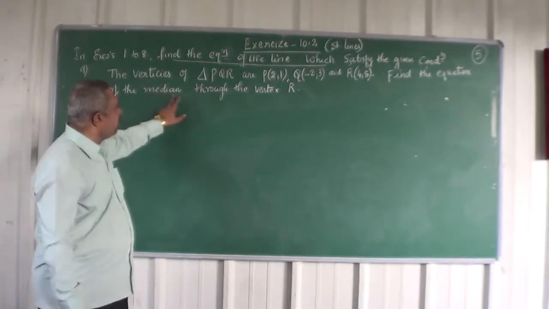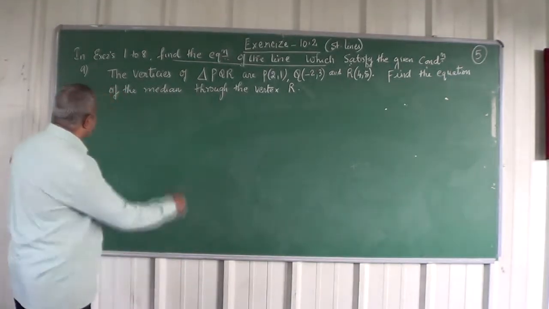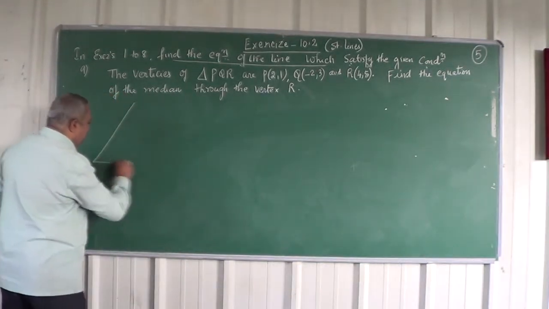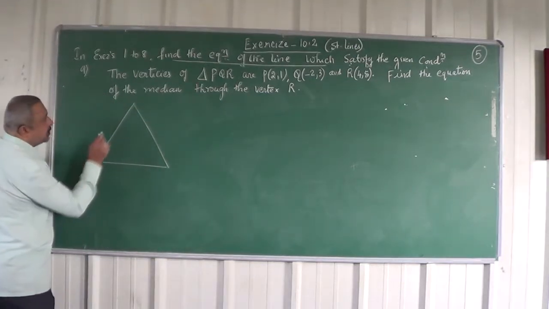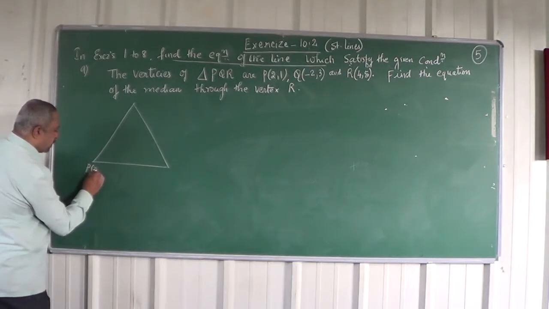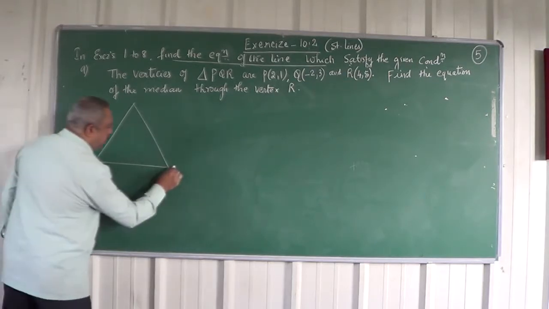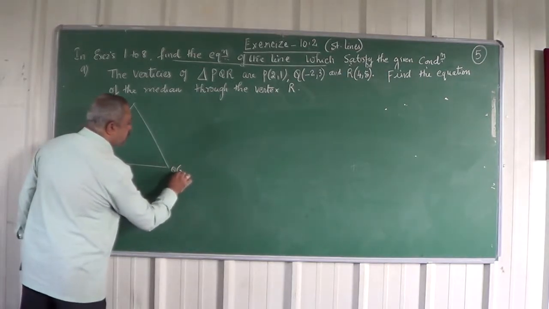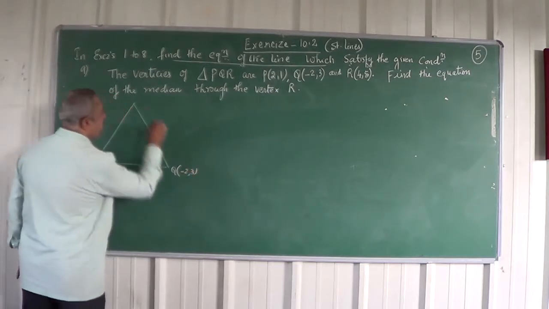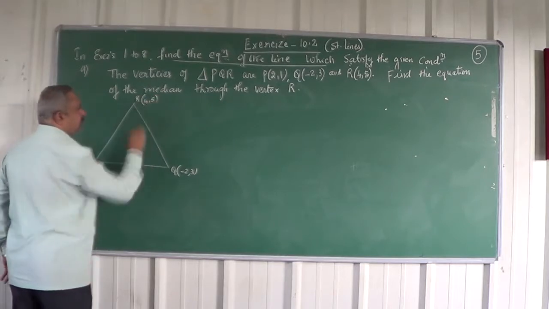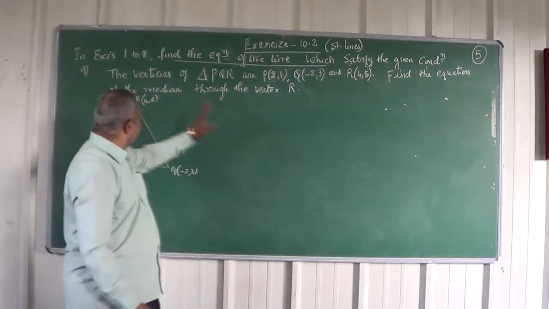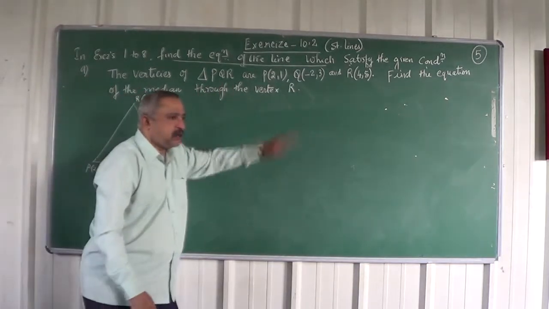Find the equation of the median through the vertex R. Let's first draw the triangle PQR indicating the points. P is (2, 1). Q is (-2, 3). R is (4, 5). You want to find the equation of the median through the vertex R.